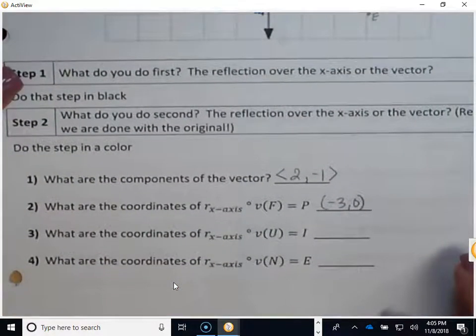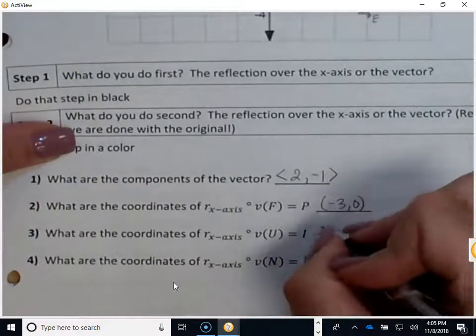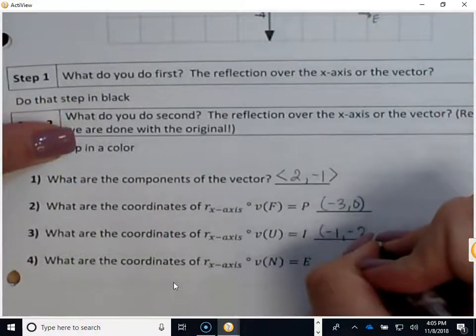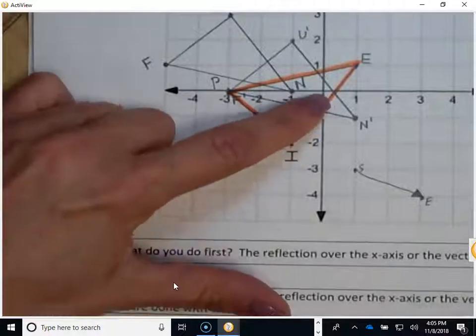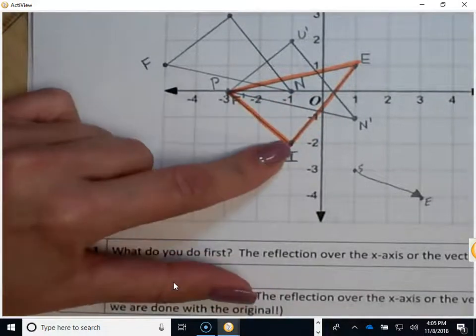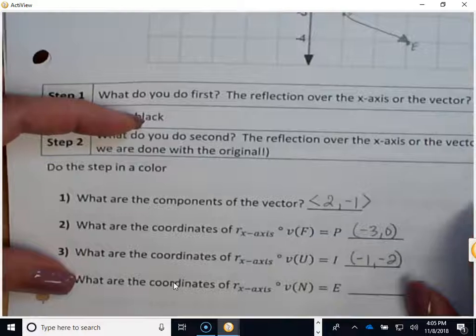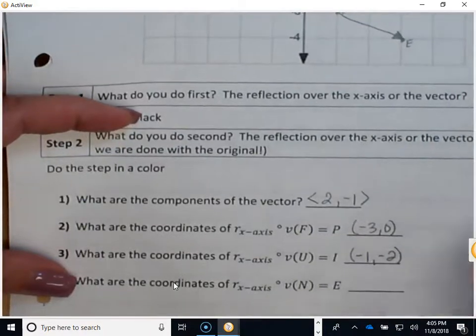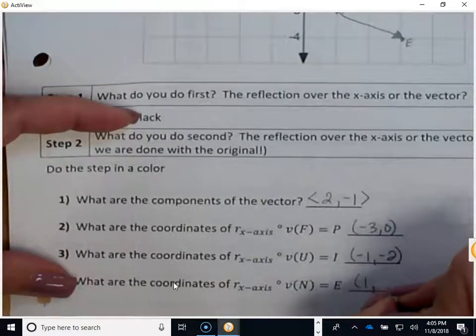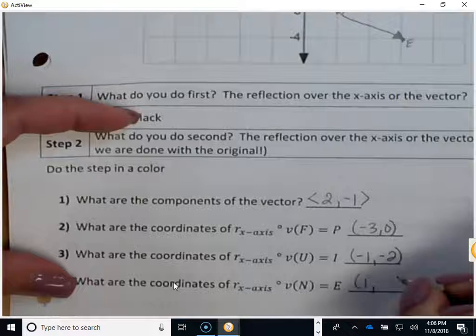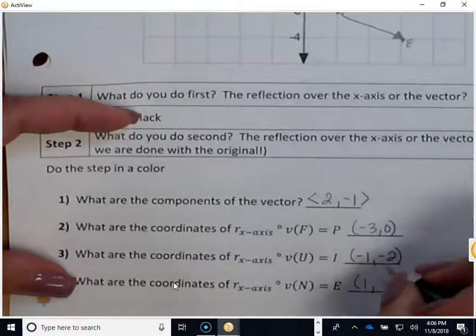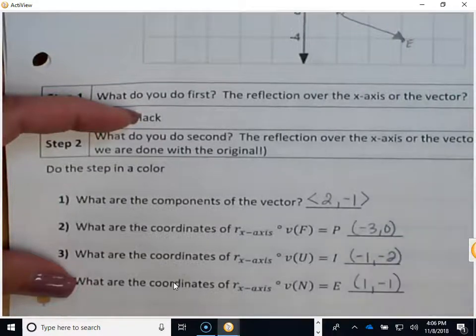The coordinates of I is -1, -2, because from the origin, you go to the left 1, so that's -1, and down 2, and that's -2. And then the coordinates of N. N is at +1, -1, because from the origin, you go to the right 1, so that's +1. Down 1 gives you a -1. There you go.